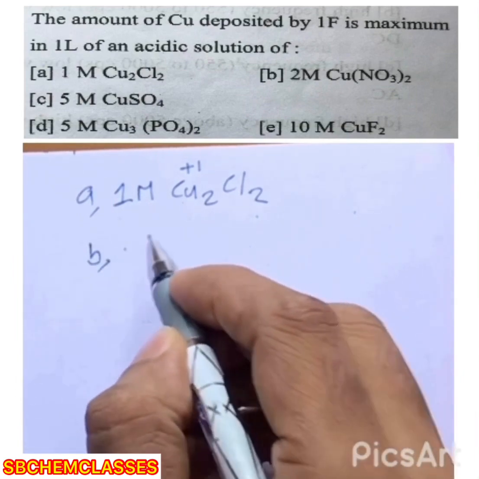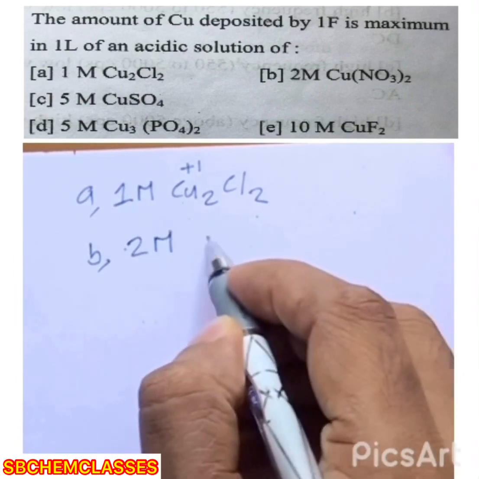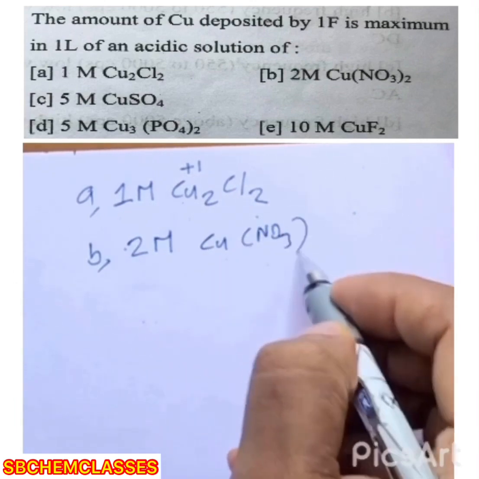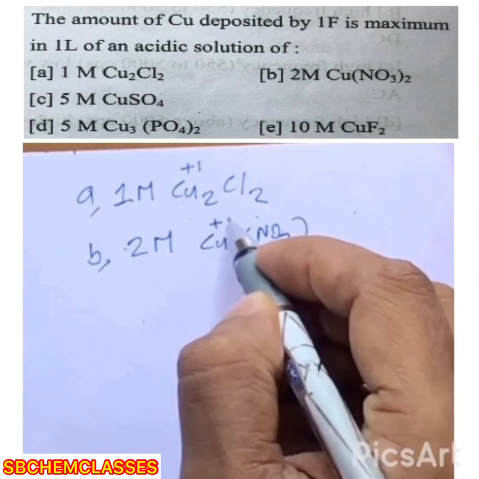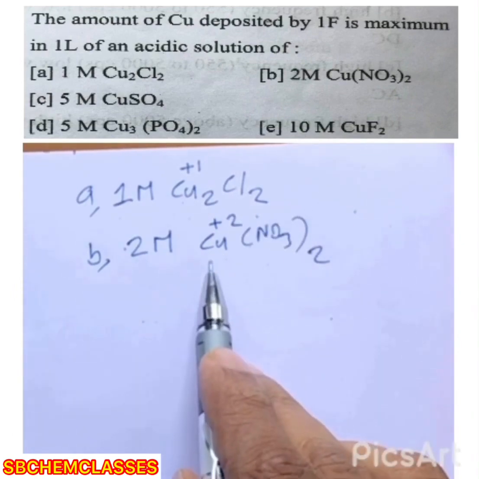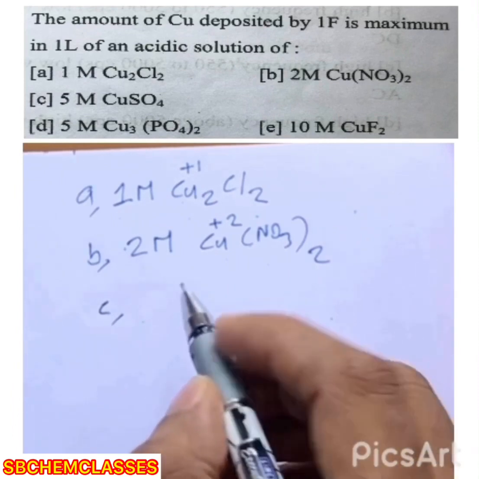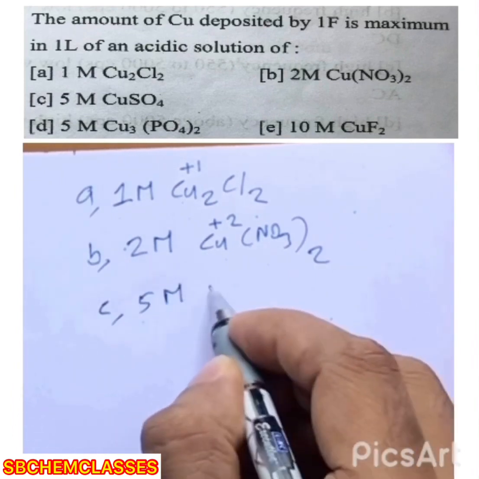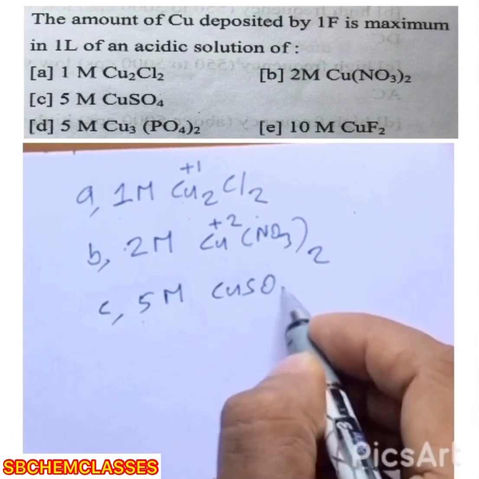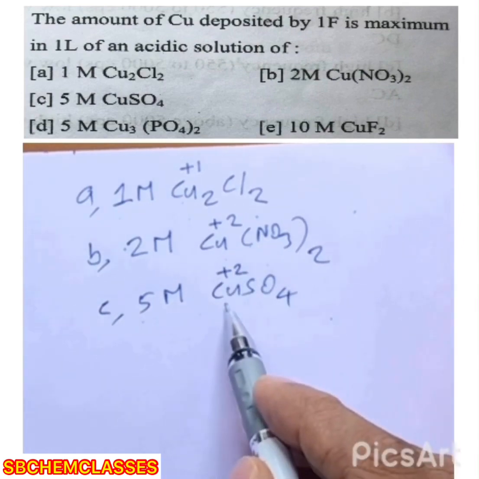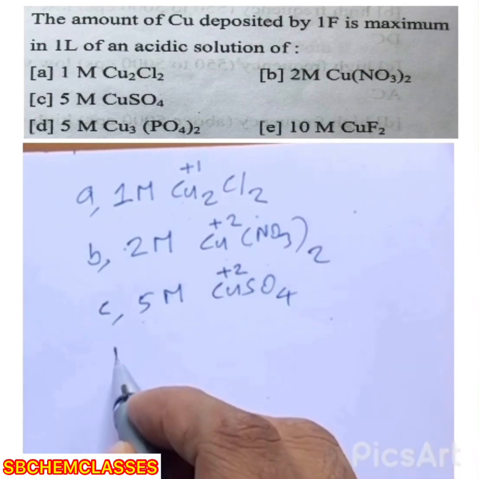In option B, you have 2 molar CuNO3 twice. Copper has +2. To get 1 mole copper, 2 Faraday is required. Option C, 5 molar CuSO4. Copper has charge +2. It also requires 2 Faraday.